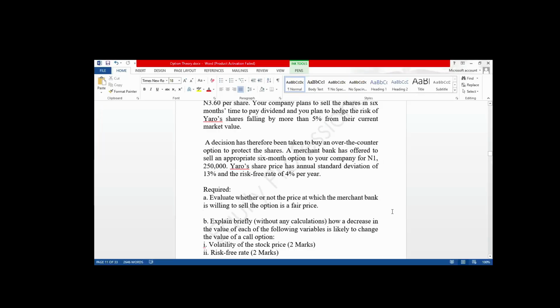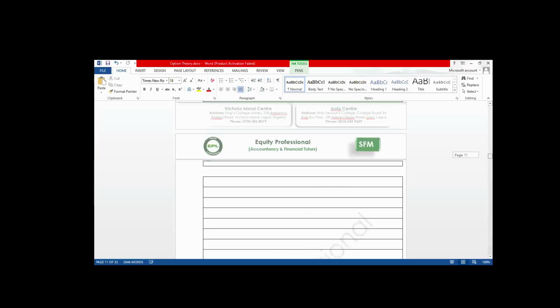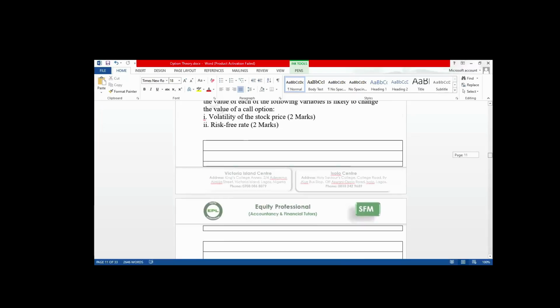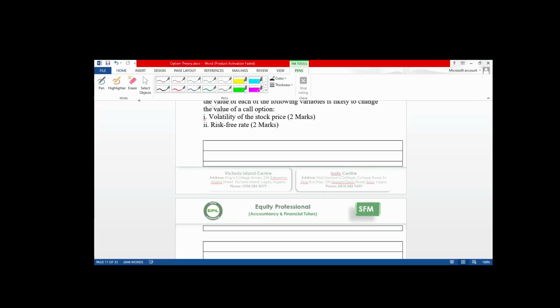To calculate the price of a put option, we explained that you can use the Black-Scholes model. So please, you must try to understand the examiner's requirements.